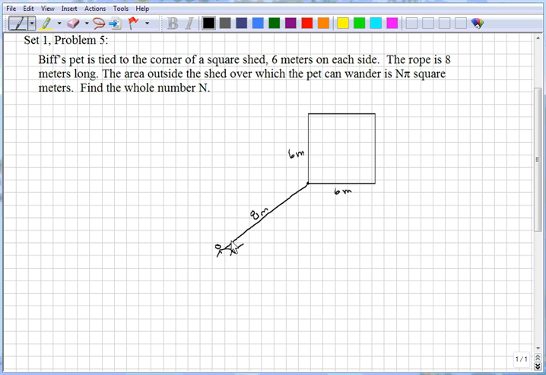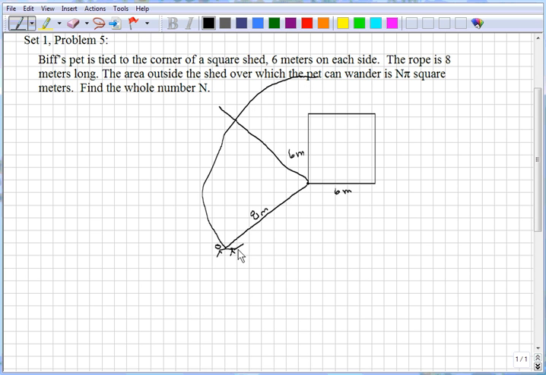Okay, and this is going to be dangerous because as you can imagine, this rope is acting like the radius of a circle, because as he wanders around, when he gets over here, he's still going to be at 8 meters. I don't know if I've drawn that quite right.